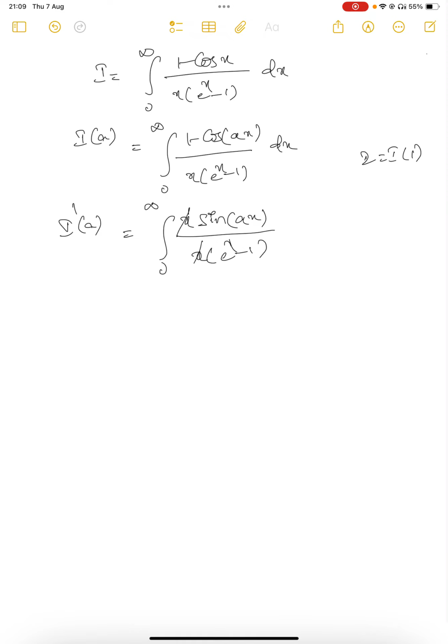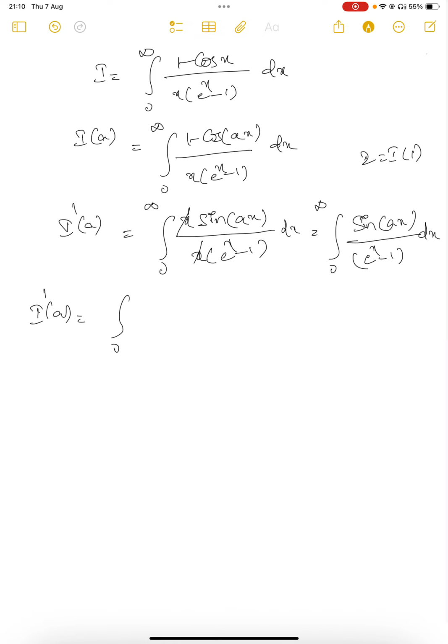This x will get cancelled, which is integral 0 to infinity sine of ax by (e power x minus 1) dx.